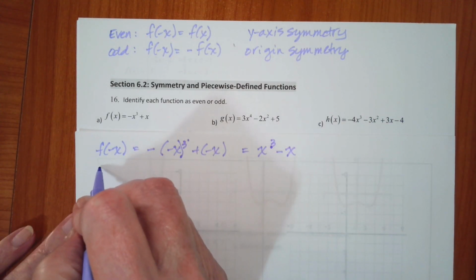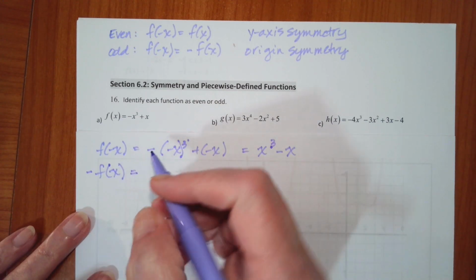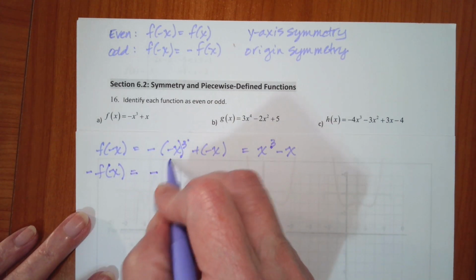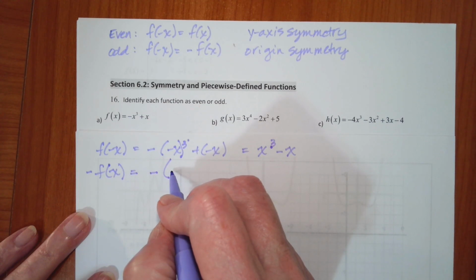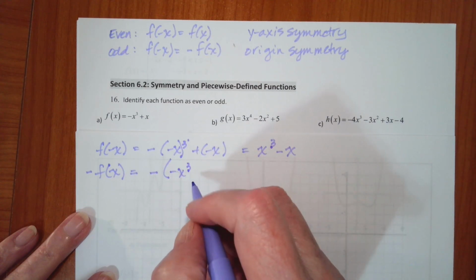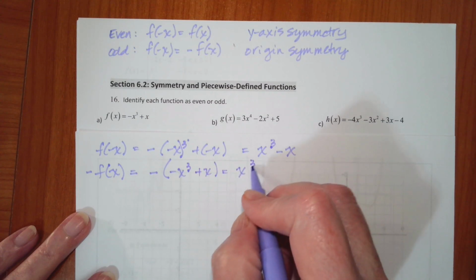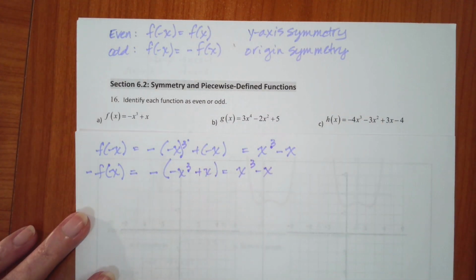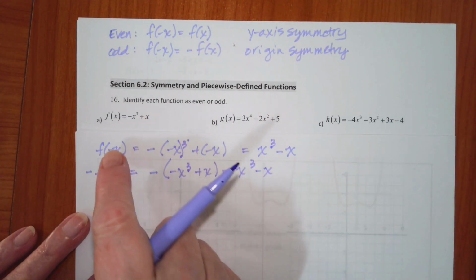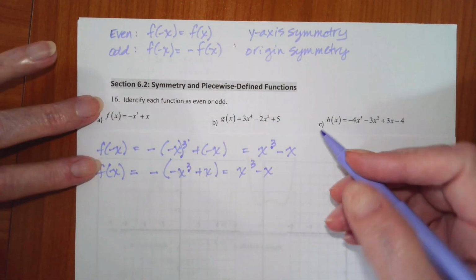And I also want to find negative f of x, which is the opposite of negative x to the third plus x, which is x to the third minus x. Okay, so once I have f of x, f of negative x, and negative f of x, I can see if they're the same.